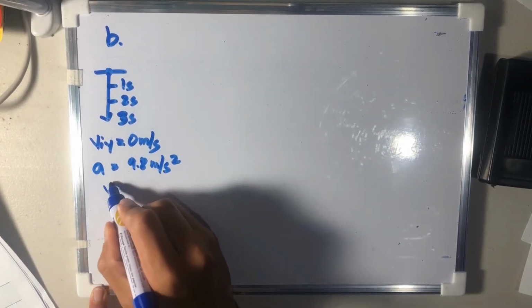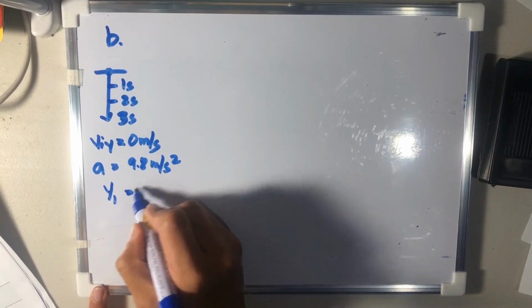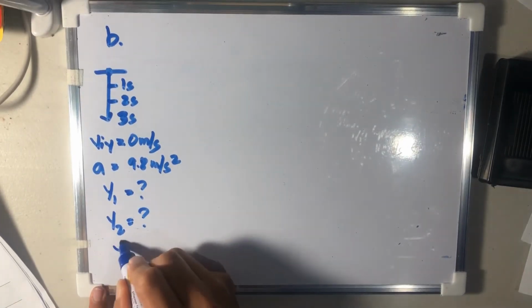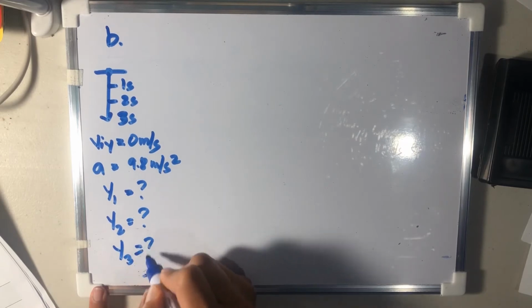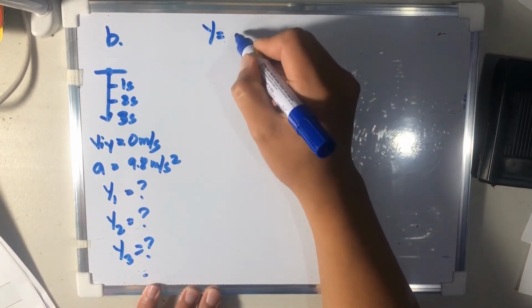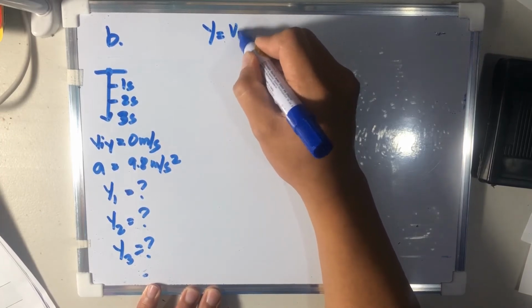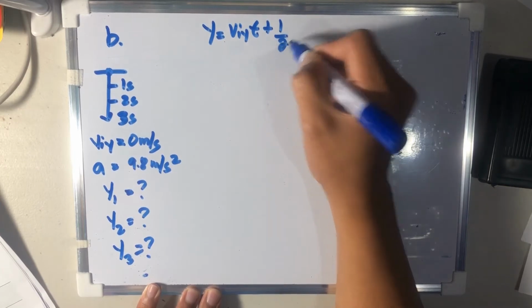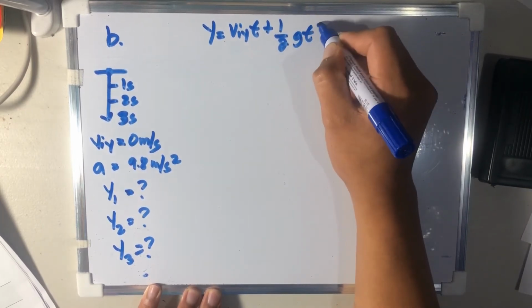So we will solve for the displacement after 1 second, 2 seconds, then 3 seconds. The formula for distance is y is equivalent to Viy multiplied by time plus 1/2 gt squared.